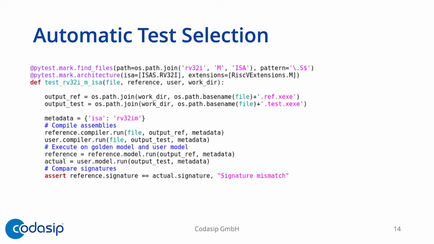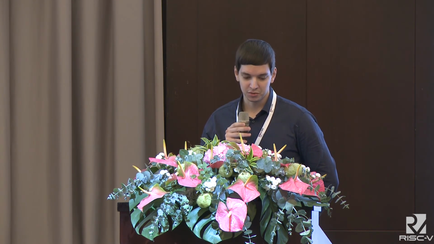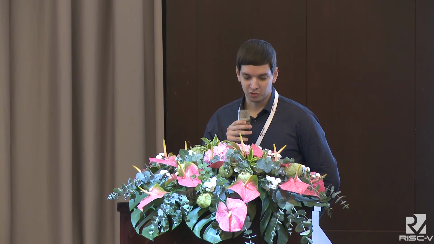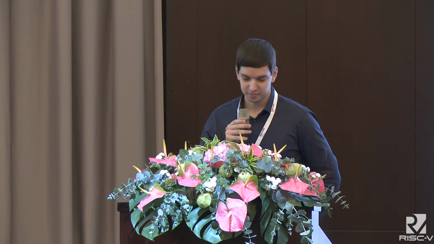And the next marker filters the test by the model configuration. So these tests should be executed only on the RV32i ISA and models with an extension. In the test body, you can see that the test is compiled for both reference and user models. Then it's executed on both models, and then signatures are compared for a match.